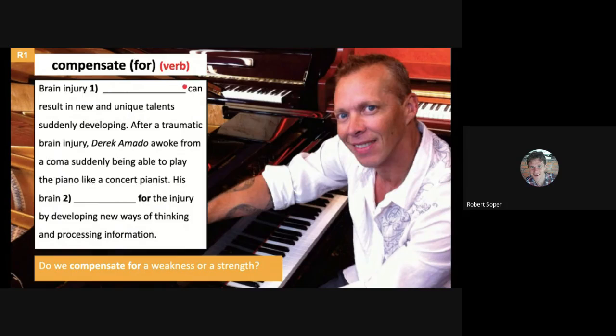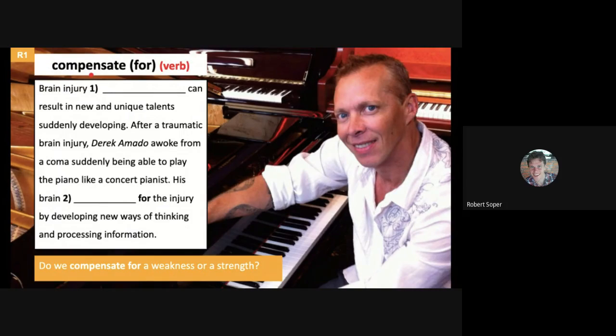Okay, so what you should be doing here, again, is thinking about the different ways this word can be used. As we've already talked about the different things you can do with nouns and adjectives, let's consider the different ways you can use verbs. So remember, we have to follow the grammatical structure.